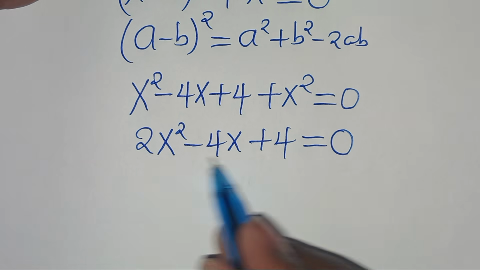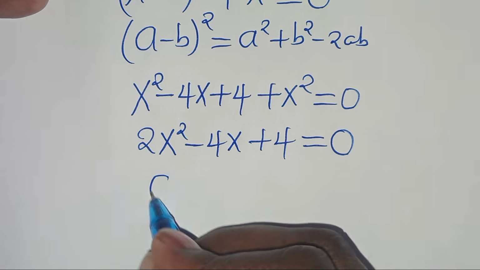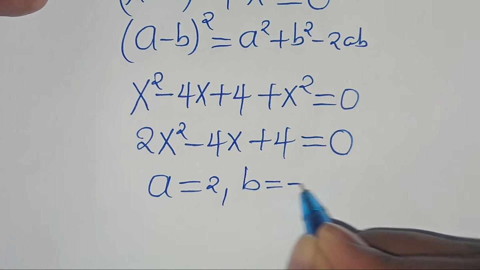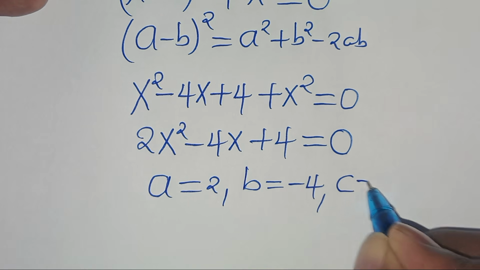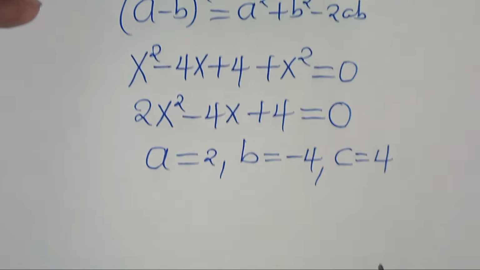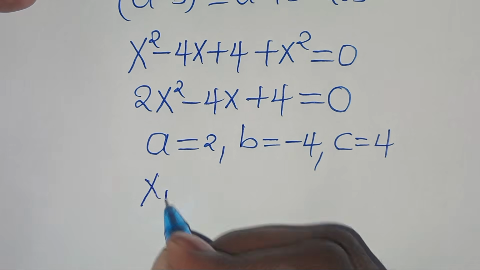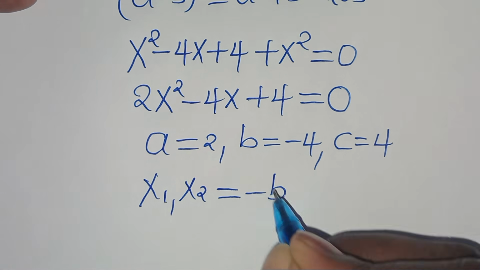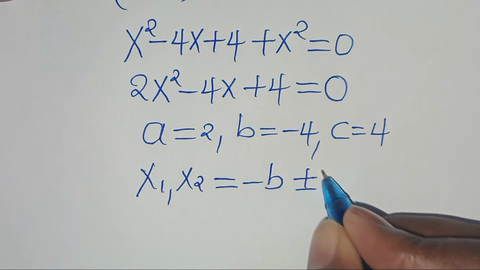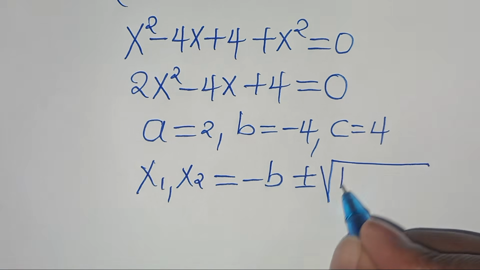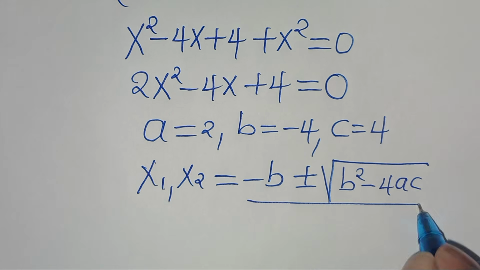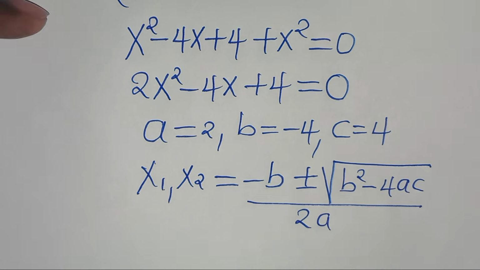Now this is a quadratic equation where a is equal to 2, b is equal to negative 4, and c is equal to 4. Now we can solve for x1, x2 by applying the quadratic formula, which is negative b plus or minus the square root of b squared minus 4ac, divided by 2a.